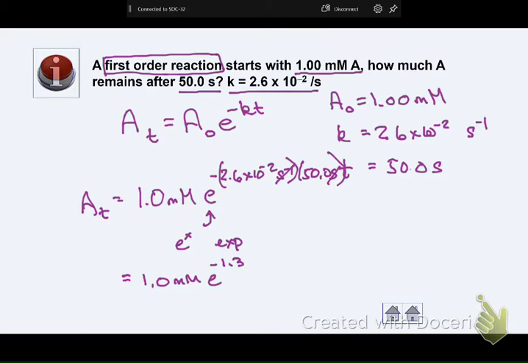And you do that, and you should end up with 0.272 millimolar, or 2.72 times 10 to the minus 4 molar. And I gave you another option on the slides as well. Any questions about the plugging in and doing all that functional stuff?